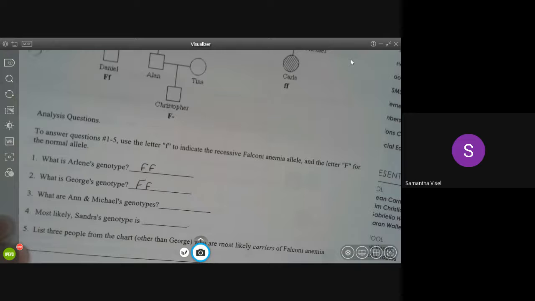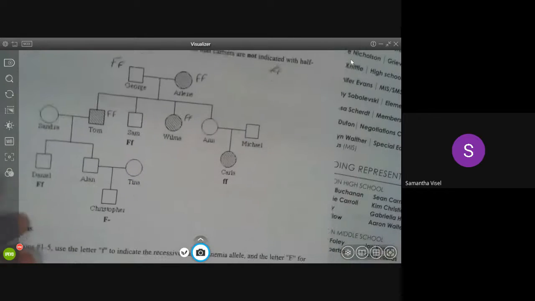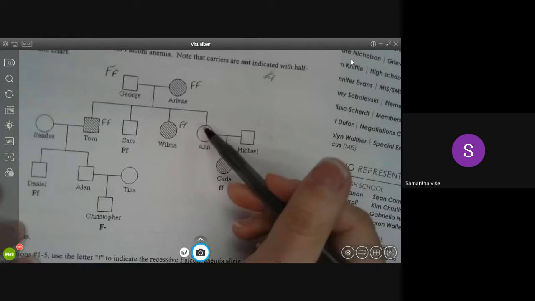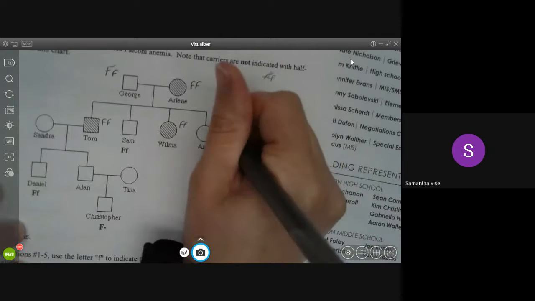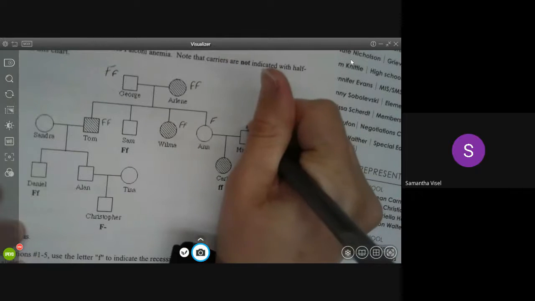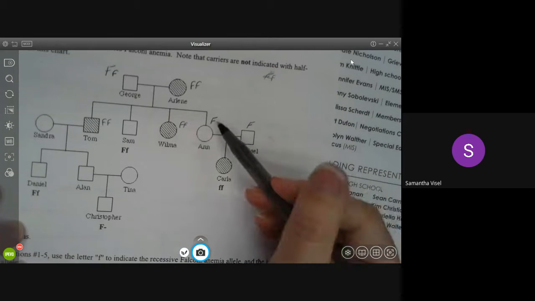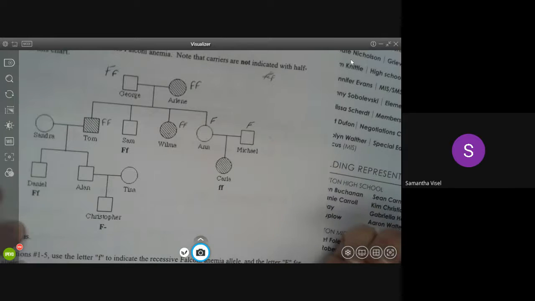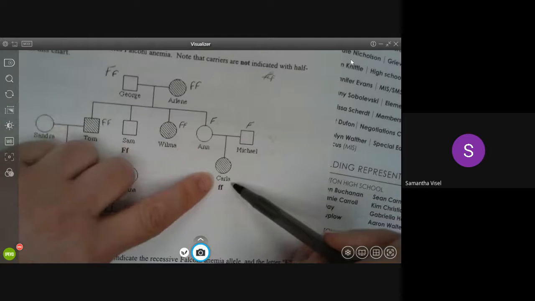Next, we're asked about Anne and Michael. They do not have anything shaded, so we know they both at least have an uppercase F. The next question is, are they homozygous dominant or heterozygous? We can look at their child, Carla.